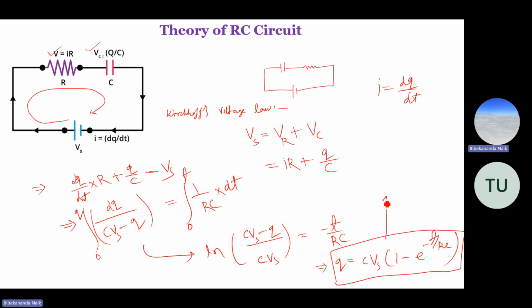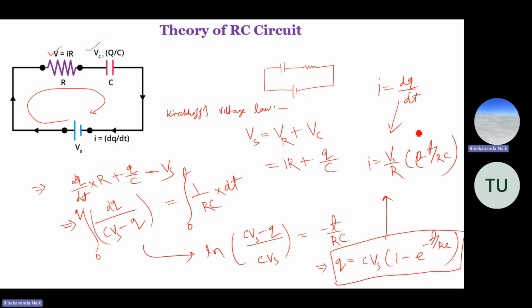With time, the capacitor will get charged. Then for current, I equals dq by dt. So we get I equals Vs by R, sorry, it will be only exponential of minus t by RC.